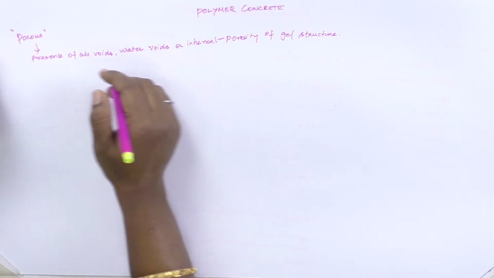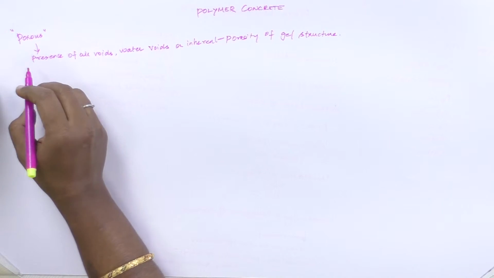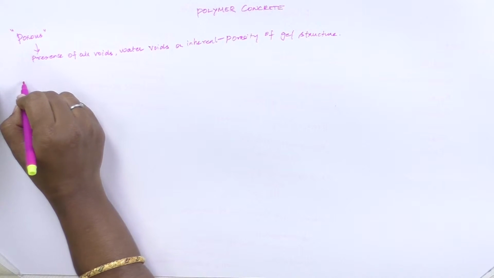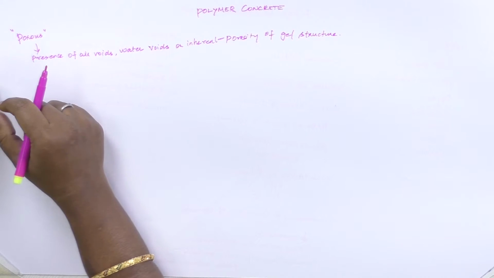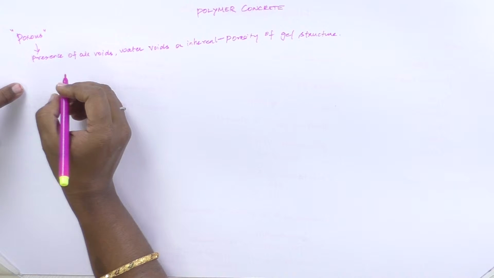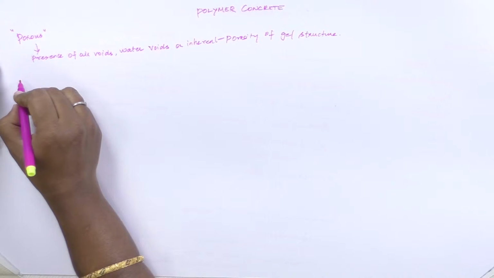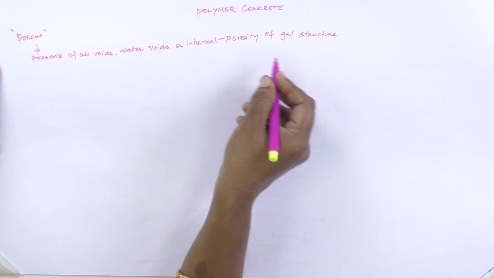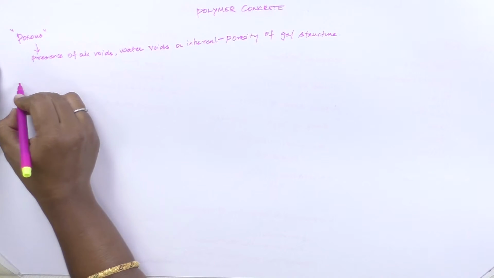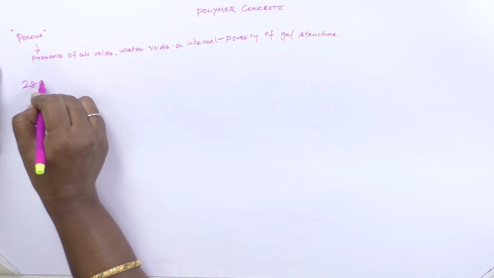But still we couldn't achieve 100% porosity-free concrete structures because of the inherent porosity of the gel structure, which is estimated to be about 28%.